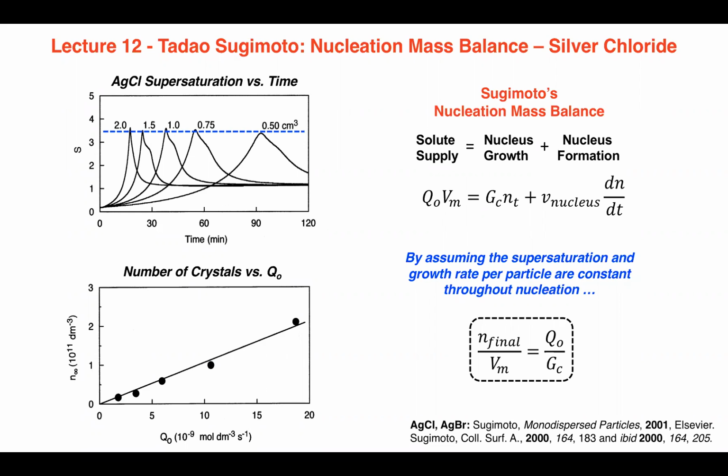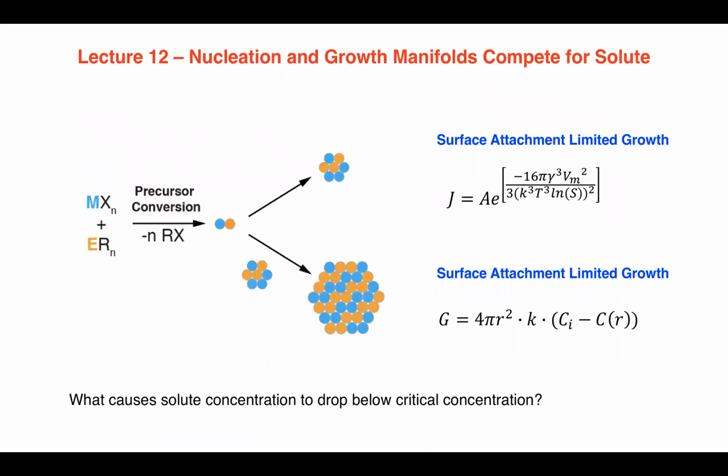increases as you go to faster and faster rates. So now we're looking at solute generation kinetics going up. The final number of crystals you get out is sensitive to that. You can use this cartoon that we made on the previous slide here to explain that. The rate at which you make these things defines how many crystals you produce.